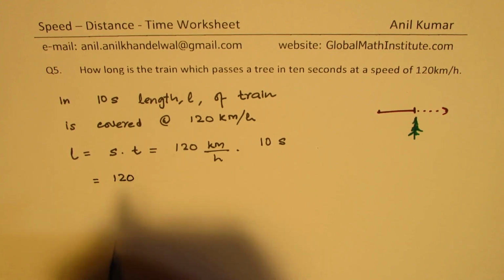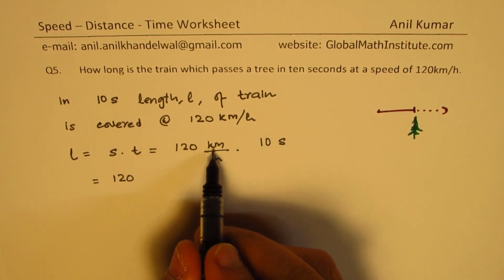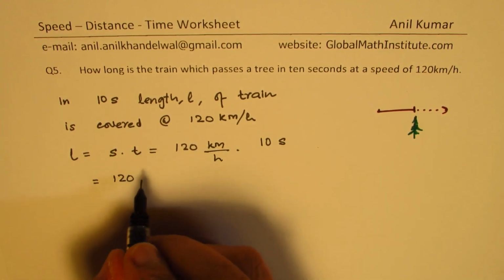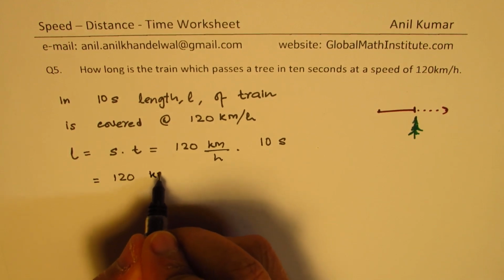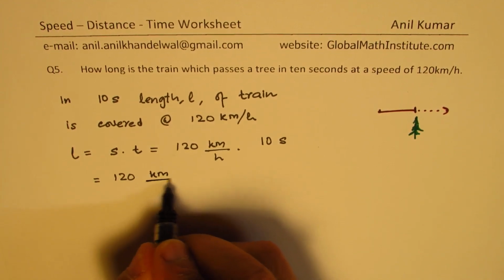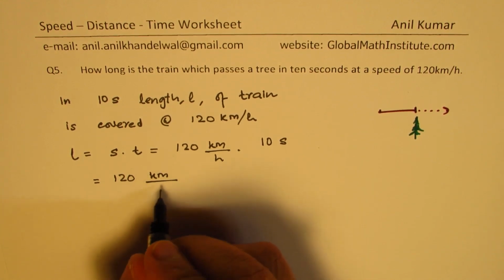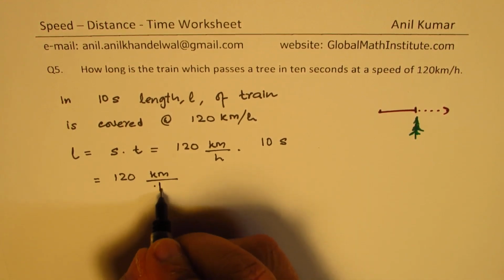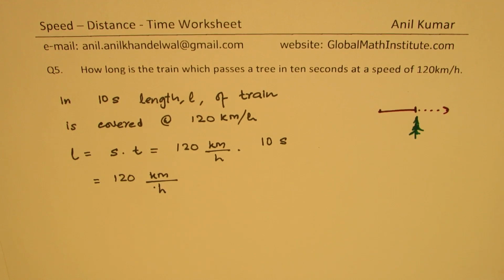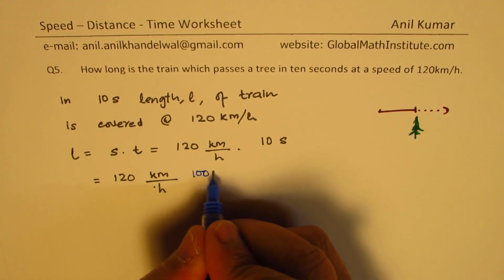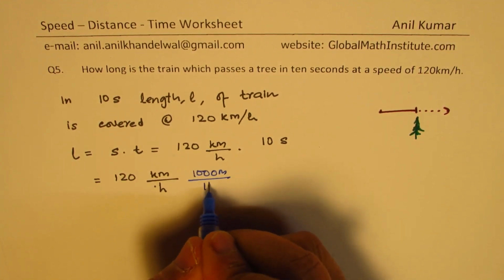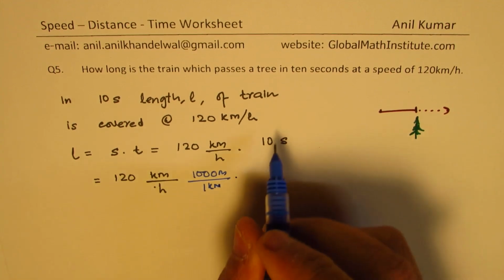So we get 120. Let's write this in meters, right? So we have kilometers. We'll write this as 1000 meters, right? Let me write here, kilometer first. In a different ink, let me write 1000 meters is 1 kilometer. Is that okay?